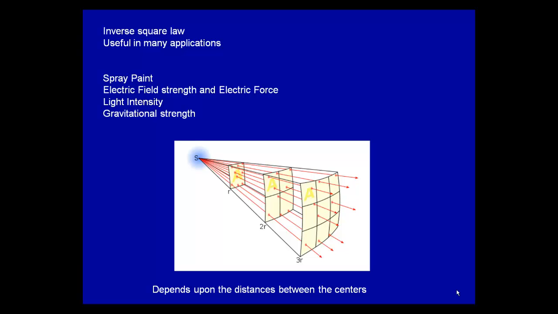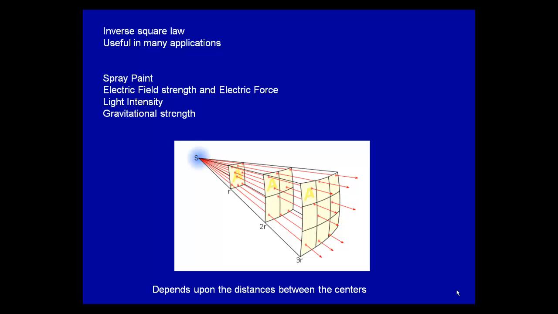If I move it back to 18 inches, which triples the distance, I'm now going to have the same amount of spray paint, but now it's going to be on an area 9 times larger. So therefore each area gets 1/9 of what it got before. It's a little bit of an optical illusion, but those A's are all the same size. Hold your fingers up on the screen and you can see that.